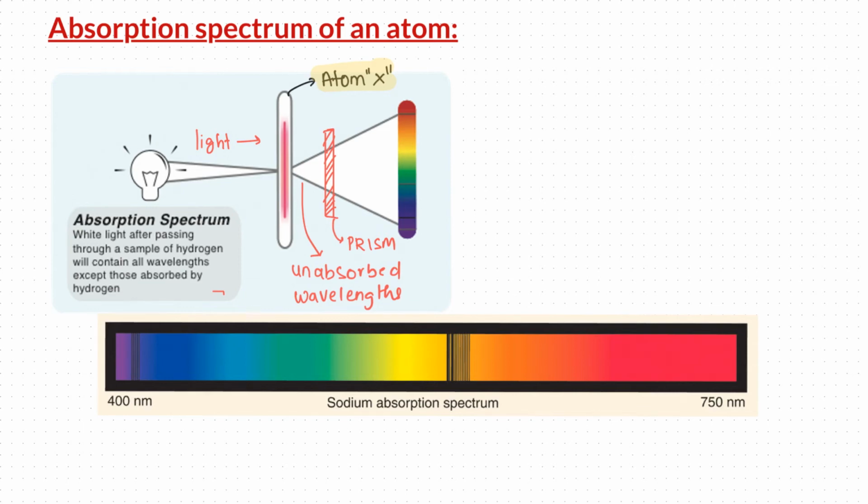This is called the absorption spectrum of the atom X. The dark lines on the absorption spectrum are the missing wavelengths from the white light and are absorbed by atom X. In the next slide, we will discuss the differences between absorption and emission spectrum.